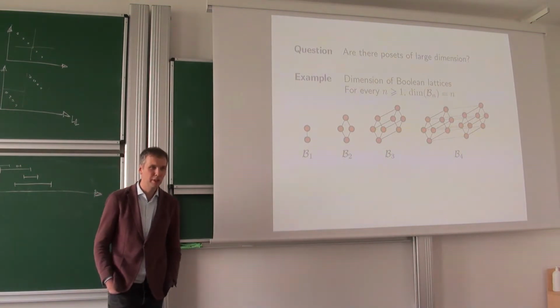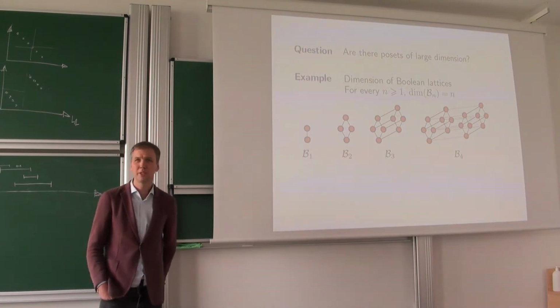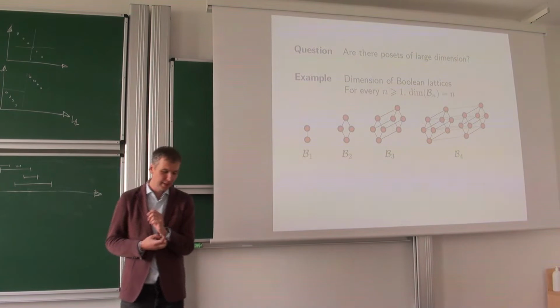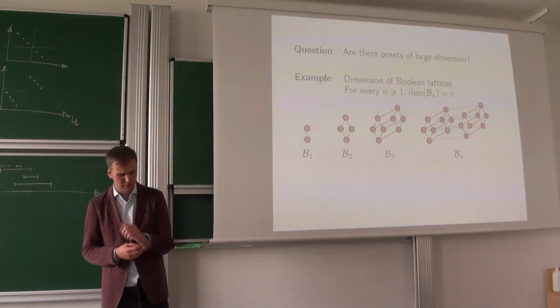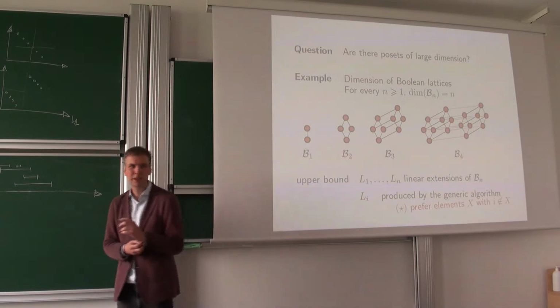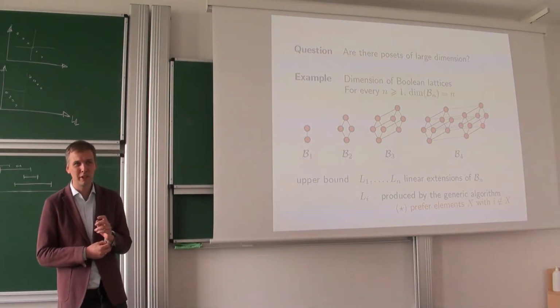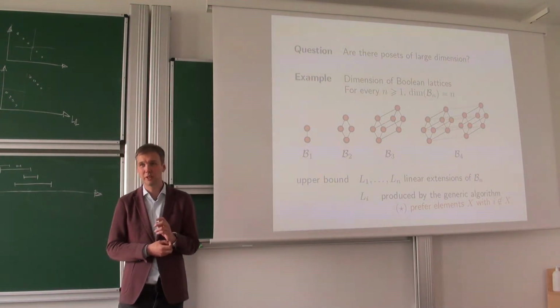Yeah, so we look at one of the most standard posets ever, the poset induced by all the subsets of an n-element set. Yes, we are rather interested in the lower bound here, but just to mention that there is an argument for an upper bound here, and it's easily seen by specialization of the generic algorithm.